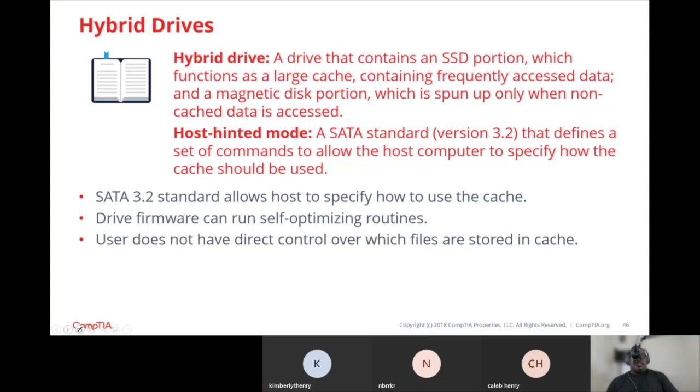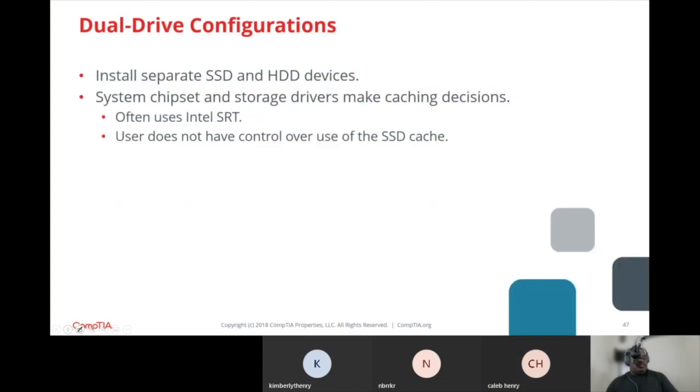But because SSDs are becoming just as cheap now, that's getting used less and less. Dual drive configurations install separate SSD and hard disk drive devices. The system chipset and storage drivers make caching decisions. The user does not have control over the use of the SSD cache.